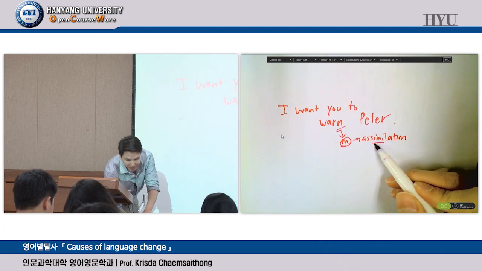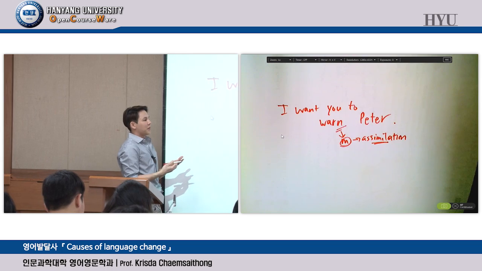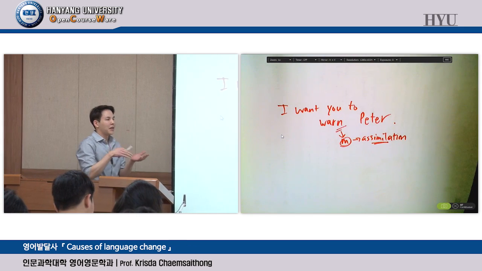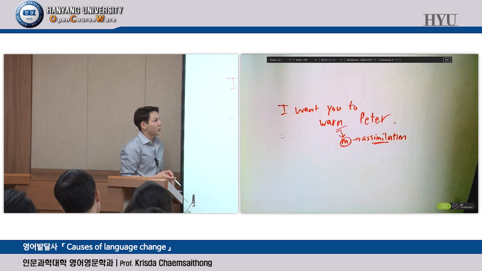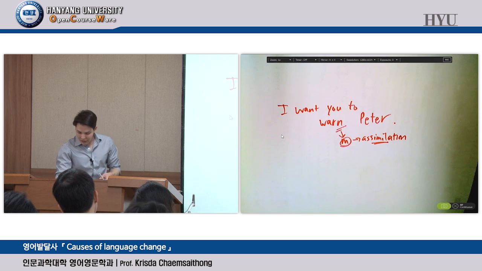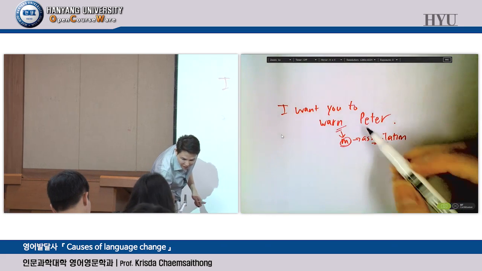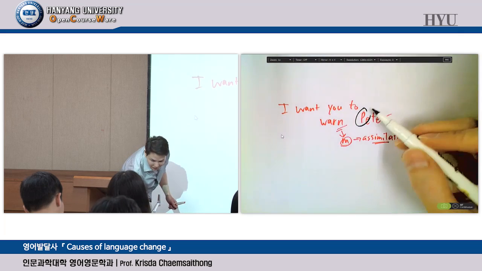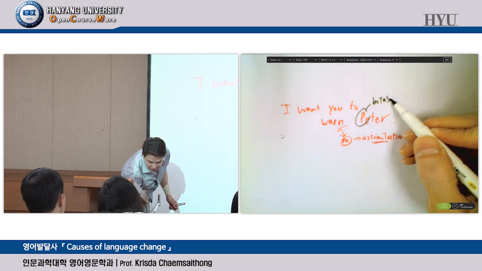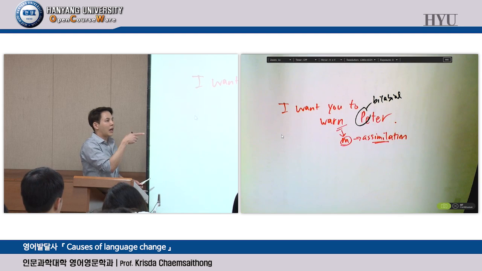right? Similar, simulate, similar. So a process by which one sound becomes like another sound due to the environment in which it occurs. The environment here is the P, right? P is a bilabial sound, a sound that you make with two lips, and then N is alveolar.